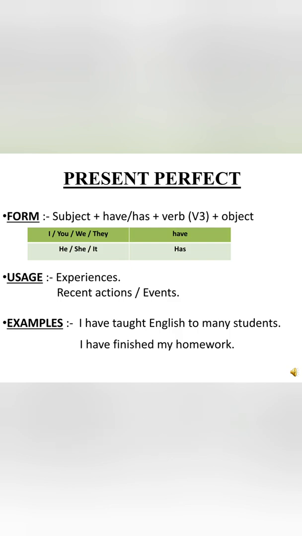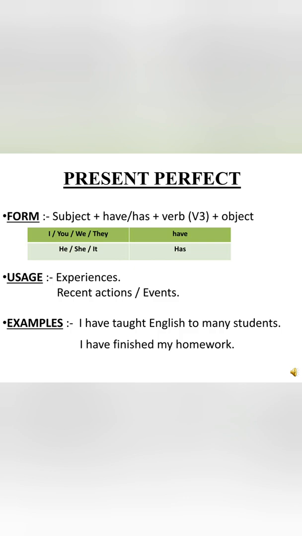Now look at the usage where present perfect is used. Present perfect is used when we talk about an experience or about a recent action or event. The first example, I have taught English to many students. It talks about my experience, an experience which has not yet ended. The second example, I have finished my homework.